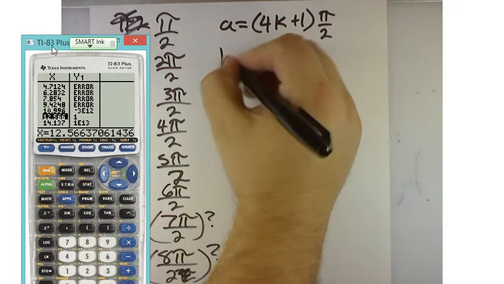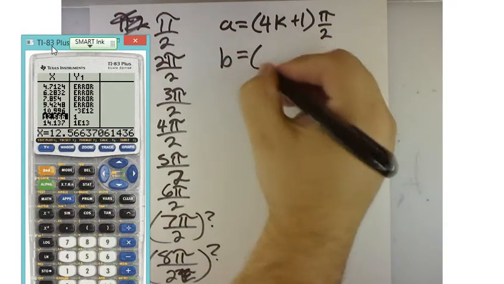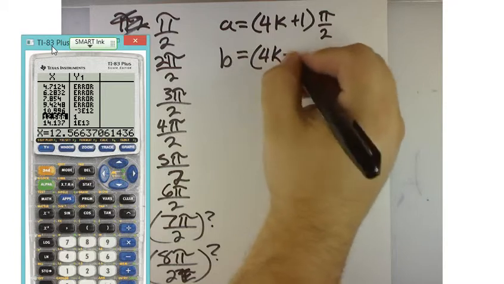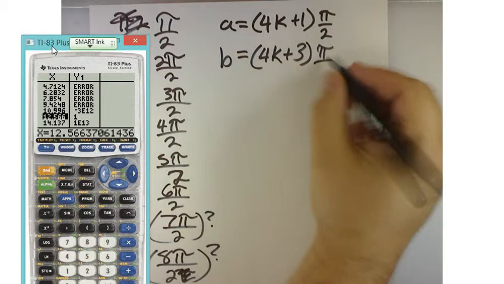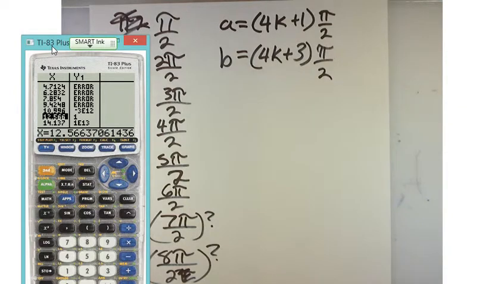And the other vertical asymptote occurs when 4k plus 3, and k is an integer. So that one's kind of a goofy one. That's what the textbook said. So look at that later and see what you come up with.